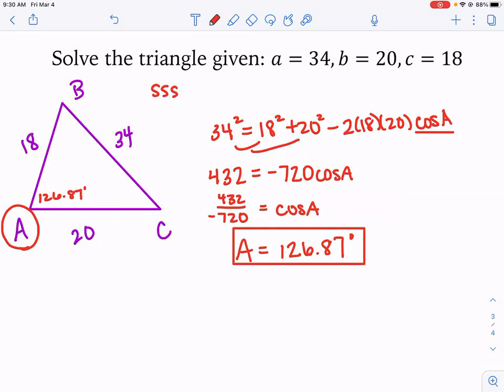Can somebody tell Grayson what I said about multiple solutions? Okay. The only time we are going to get a potential 2-solution triangle is when we start with side-side-angle.